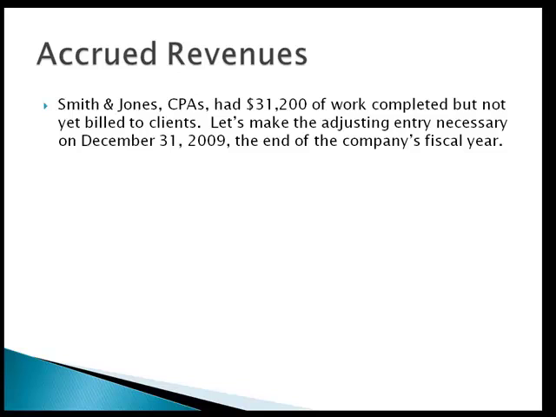If that's their contract, they can't bill on December 31st just because it's the end of the year. That client's going to get pretty mad. They're going to call them up and say, but I signed a contract that said I didn't have to pay anything till it's done. But internally, these accountants have to record revenue earned.